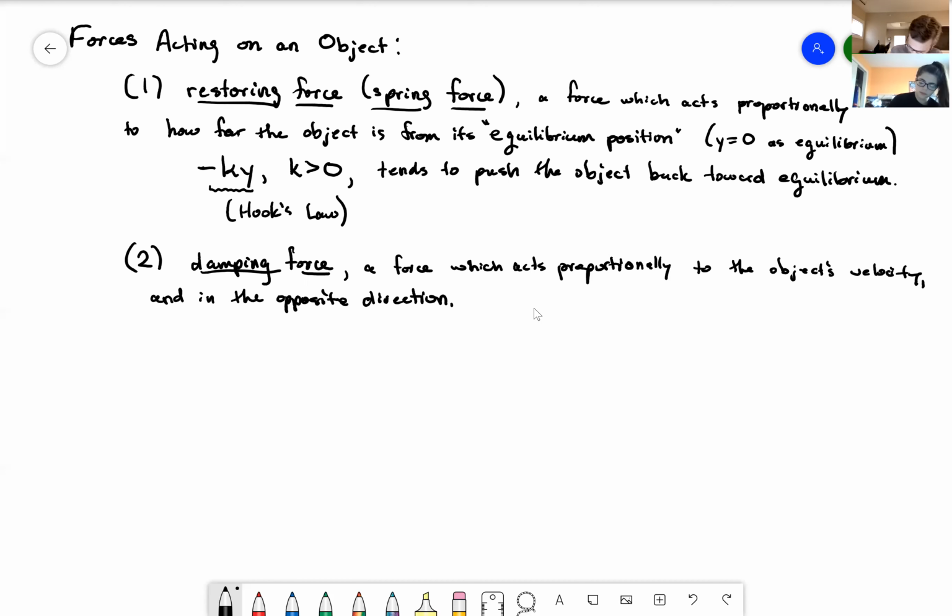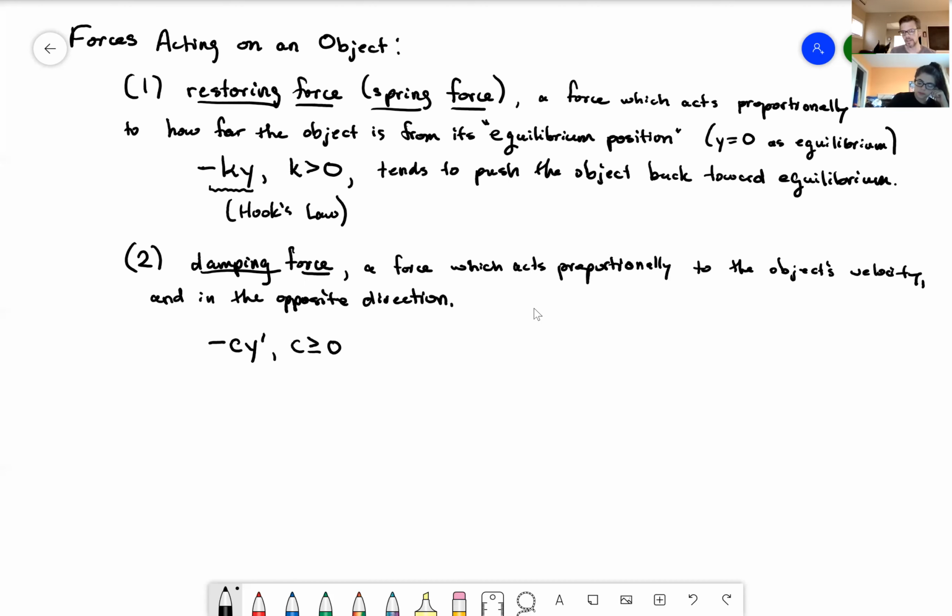We write this one as minus cy prime. Of course, y prime is the rate of change of the object's position, and so that's the velocity. And we'll say c is greater than or equal to 0.